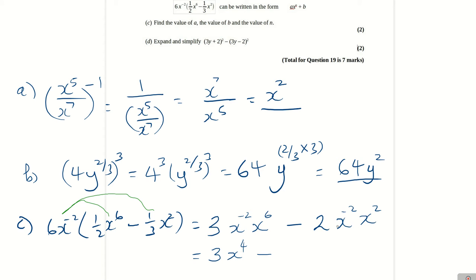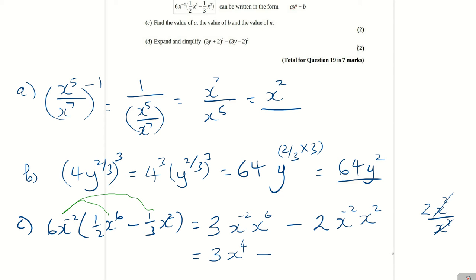Now here, look, the minus 2 means it's 1 over x squared. So what we end up with here is 2x squared, and then the minus 2 means it's over x squared. So those are just going to cancel out.